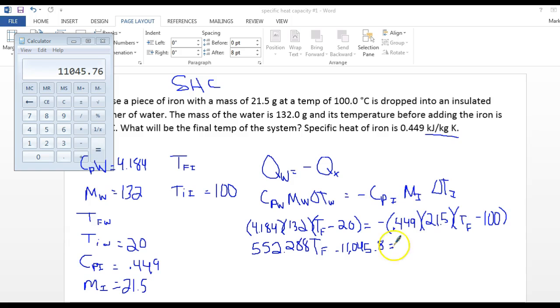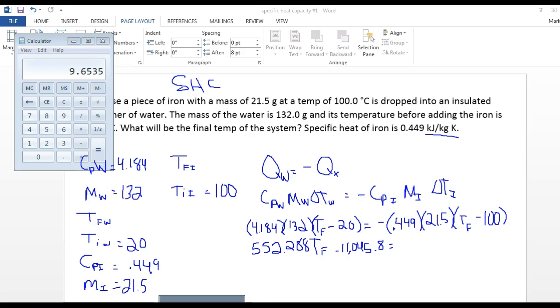And that's going to equal, I feel like I have enough room here. So we'll do the 0.449 times 21.5, and then we're going to do the negative through the first one. 0.449 times 21.5 equals 9.65. We're going to go with that one. It's going to be a negative, so we run the negative through that one.